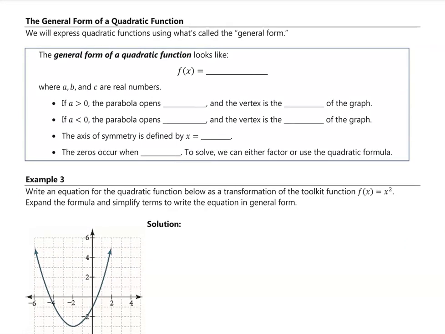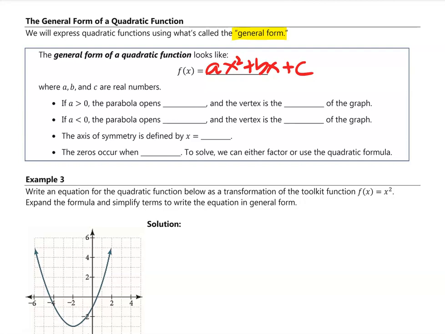Next is the general form of a quadratic function. We will express a quadratic function using what's called the general form. The general form of a quadratic function looks like ax squared plus bx plus c, where a, b, and c are all real numbers.